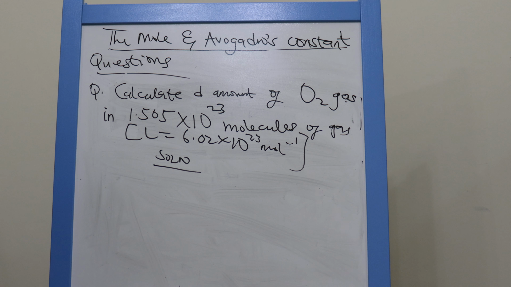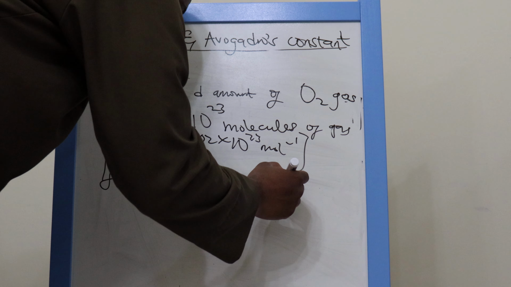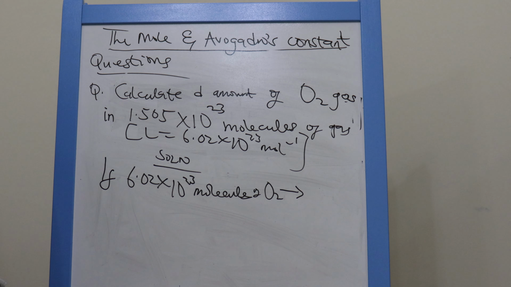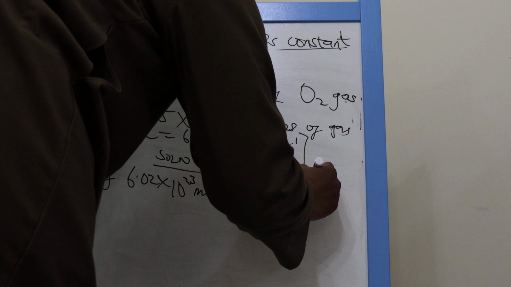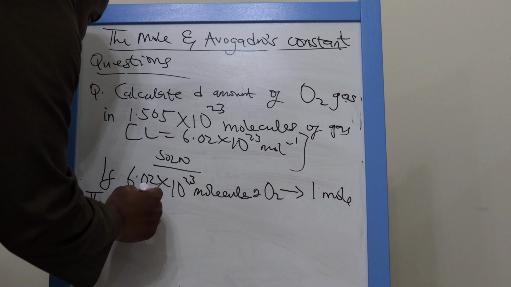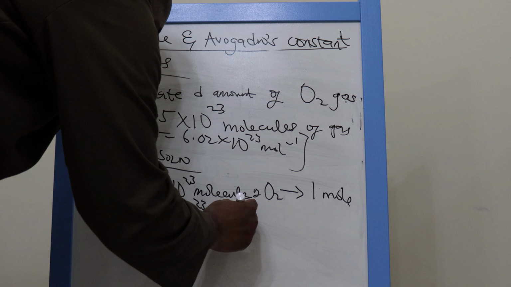The relationship is: if 6.02 times 10 to the exponent 23 molecules of oxygen gas contain 1 mole, then 1.505 times 10 to the exponent 23 molecules will contain what?